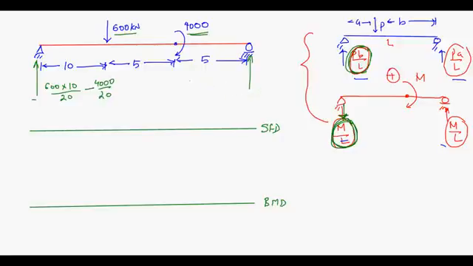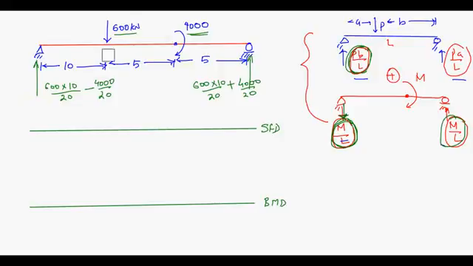So here you will have 600 into 10 divided by 20, plus M by L, 4000 divided by 20. What is the value that is coming out here? Okay, I am writing here.